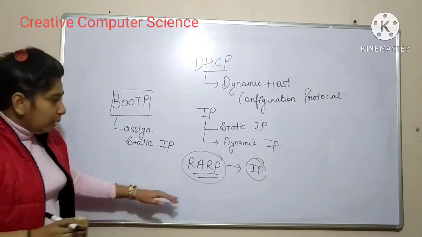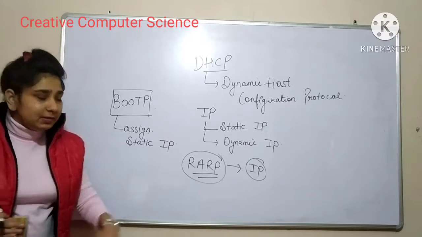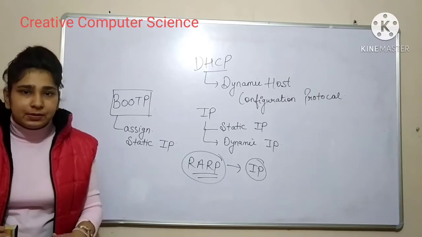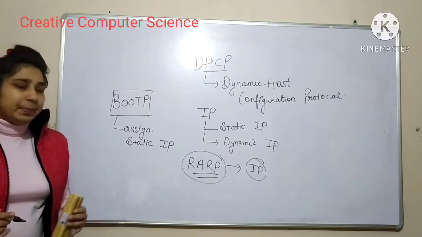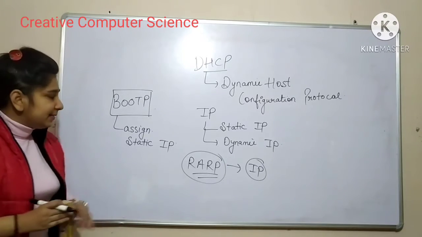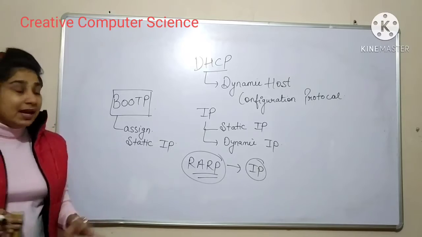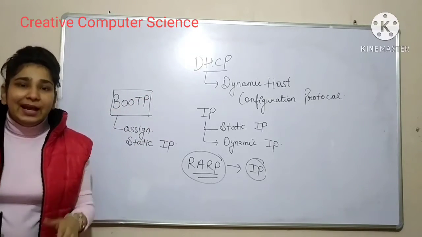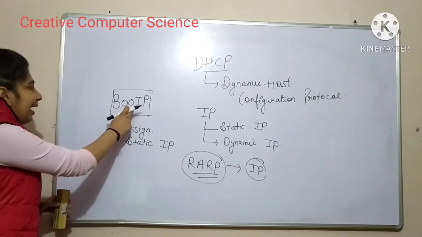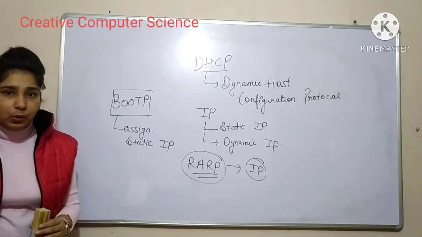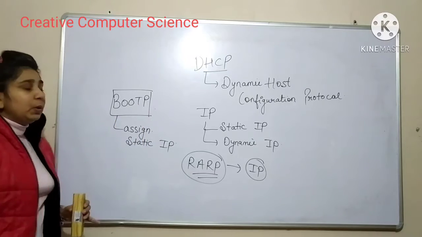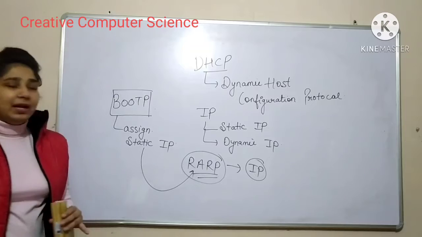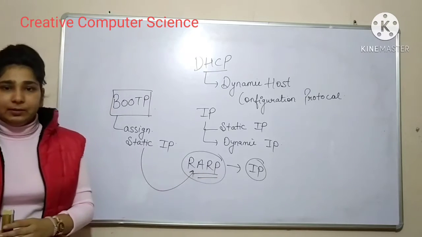If any machine wants to get its IP address, it sends the RARP request. So what happened when any machine sent the RARP request? Initially, when there was no DHCP protocol and we had only BOOTP, it was assigning some static IP address to the machine.